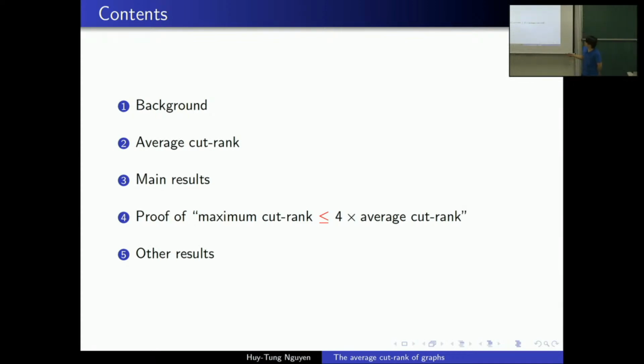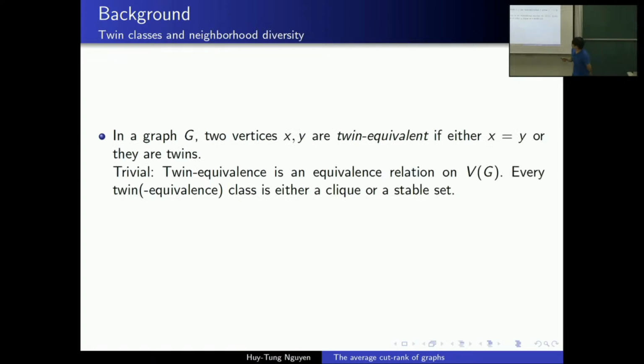Okay, so let's go to the background. I guess everybody here already knows that two distinct vertices in a graph G are twins if they have the same neighbors other than themselves. But the thing about that definition is that we require x and y to be distinct.